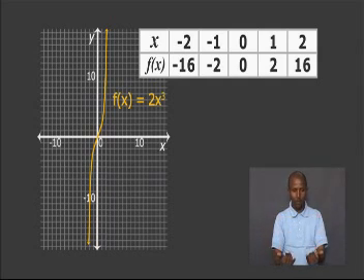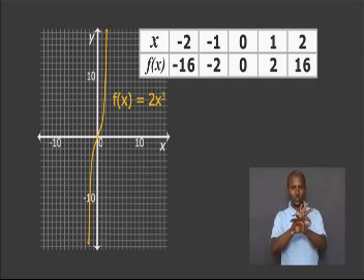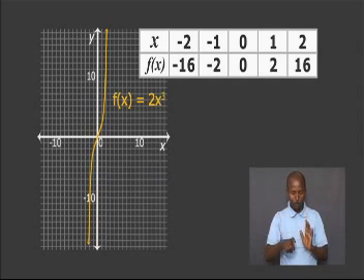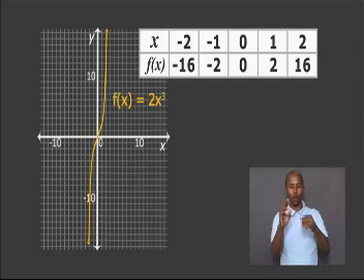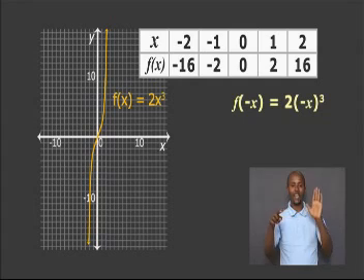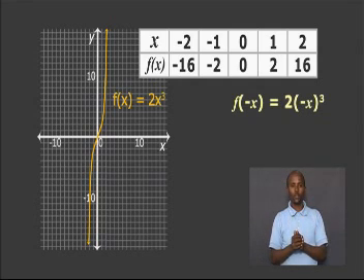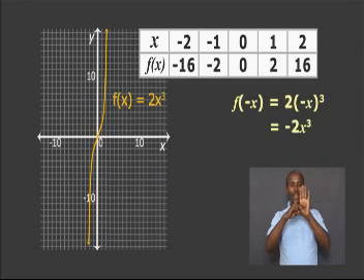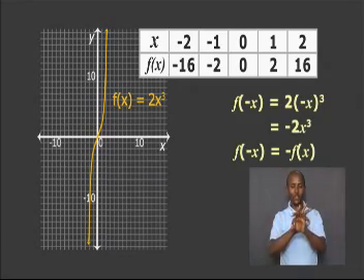Now we must determine the parity of the function. This means we must see whether the function is even or odd. Since f of negative x equals 2 times negative x cubed, which in turn is equal to negative 2x cubed, the function is odd.